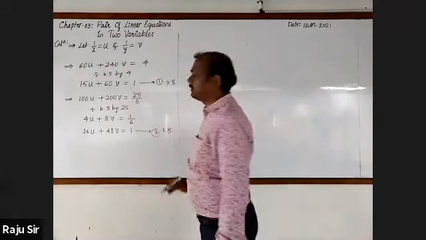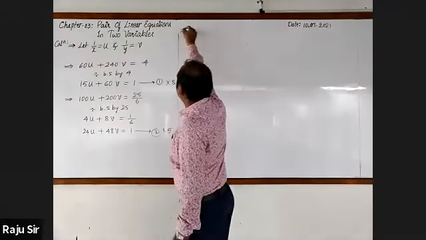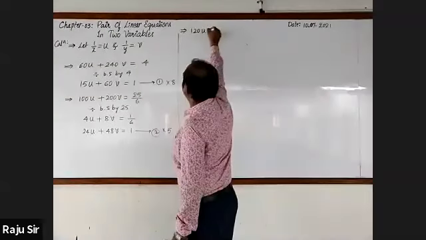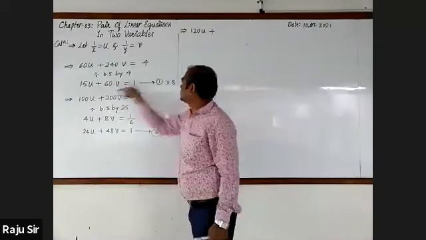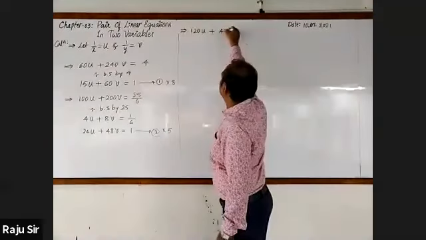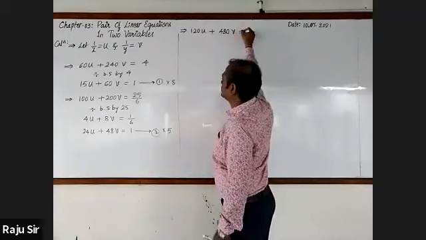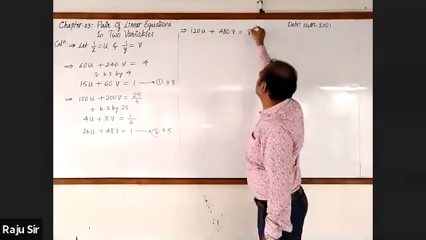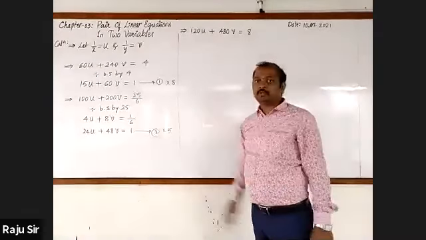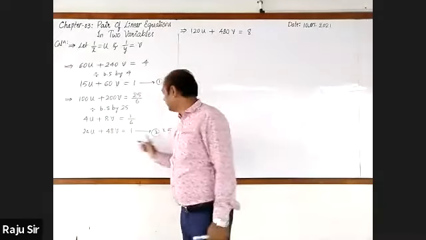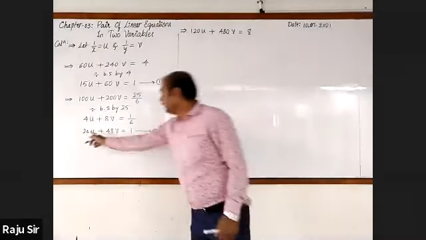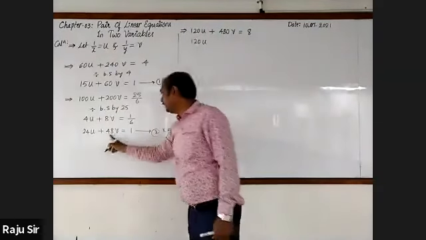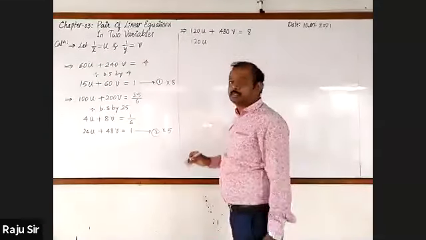I'm going to rewrite the equation. Multiply by 8: 15 8s are 120, so 120u. Then 60 8s are 480, so 480v is equal to 8, 4 8s... 4 ones are 8. Next, the second equation can be rewritten by multiplying by 5. 24 5s are again 120u. 48 5s are how much?